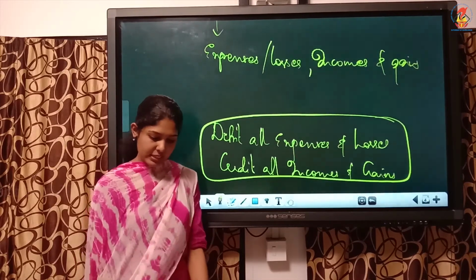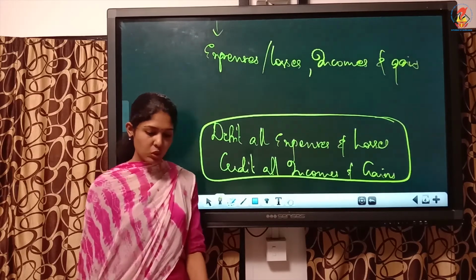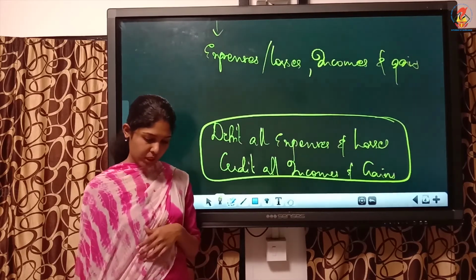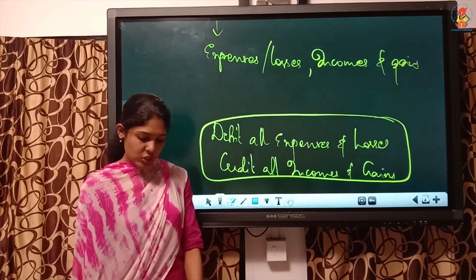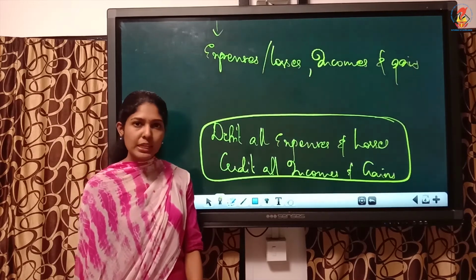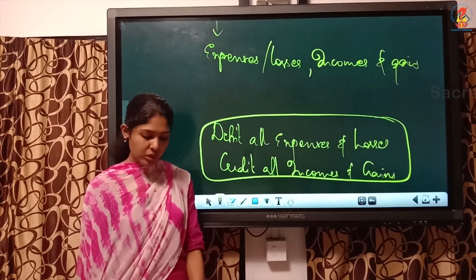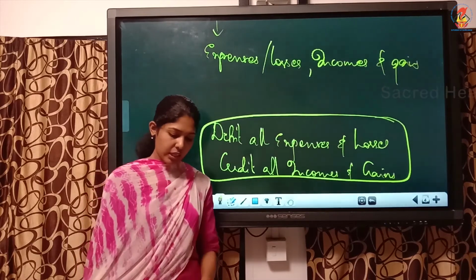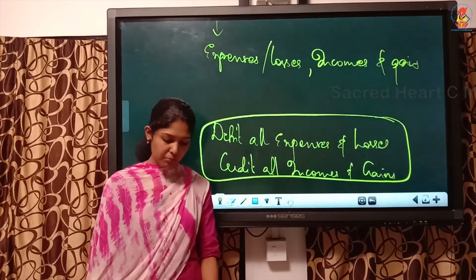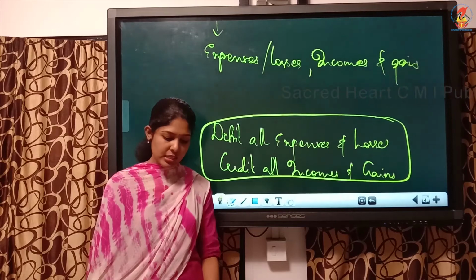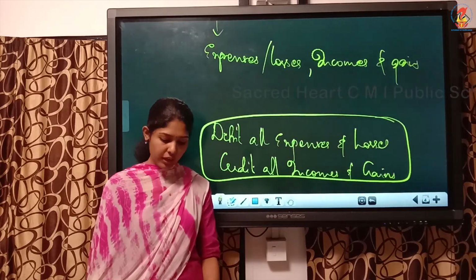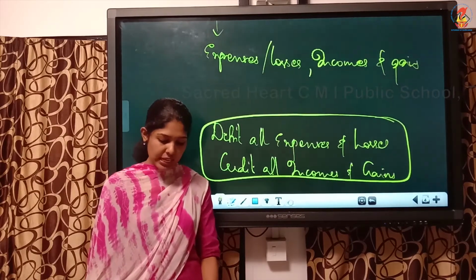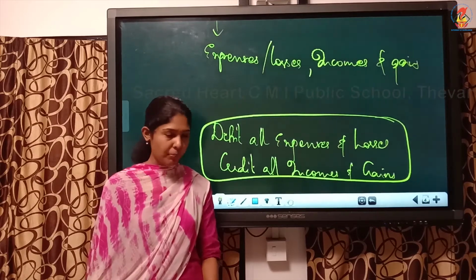We'll work out one illustration so you will get an idea. That is illustration 1 given on page number 6.4. Just give the illustration number and page number. The question is classify the following accounts into personal, real and nominal.